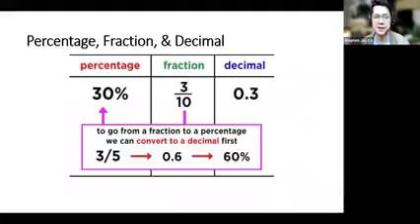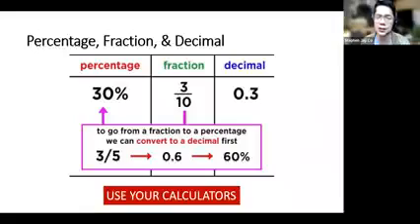Next, percentage, fraction, and decimal. As I've said, you can utilize your calculators anytime. So mastering your calculators, that is one of our best allies in our exam. Use it appropriately.